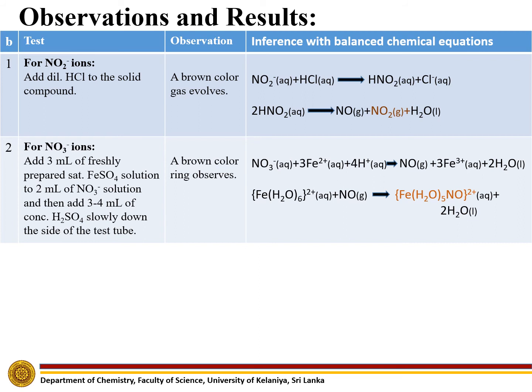Observations and results. When we add dilute hydrochloric acid to the given nitrite ion solution, a brown gas evolves, which is nitrogen dioxide.